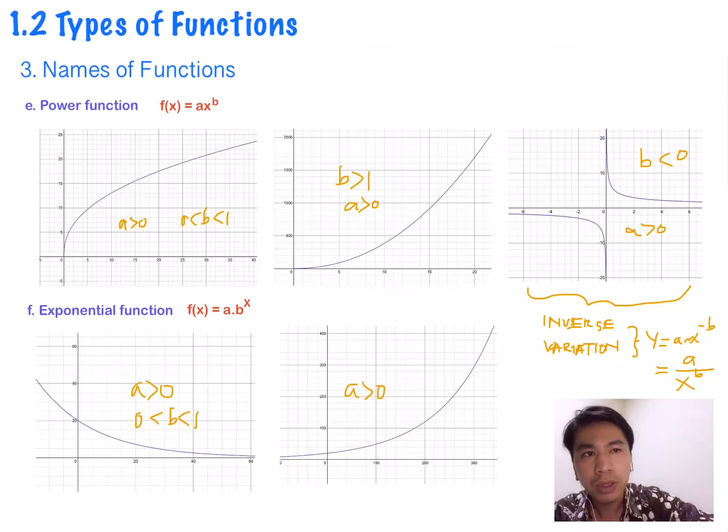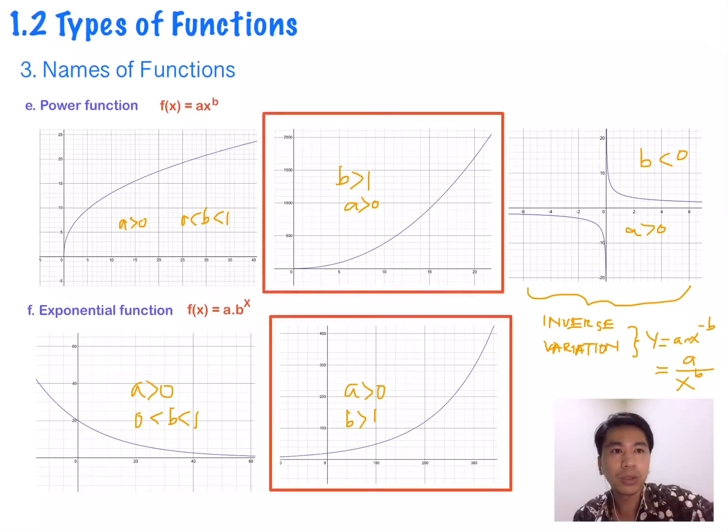And then for the second graph, it will have a value above 1. These two graphs sometimes get switched, especially when you look at the shape, which is almost equal.